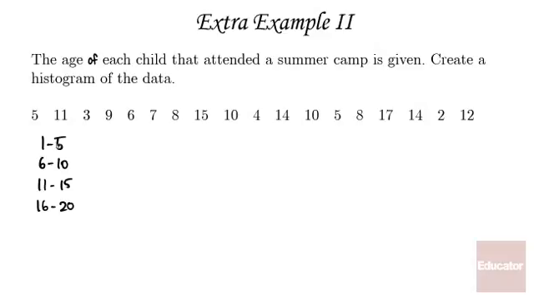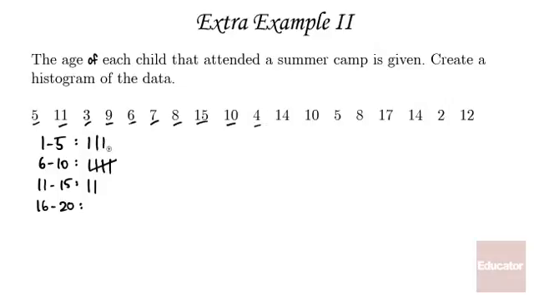And then the next step, once you create your intervals, is to see how many fall under each group. So let's tally up the numbers. So 5 is going to go into this group. 11 is going to fall under 11 through 15. 3 is right there. 9 in there. 6 is going to go right there. 7 in there. 8, 15, 10. Once you have 4, just make that the 5th one.